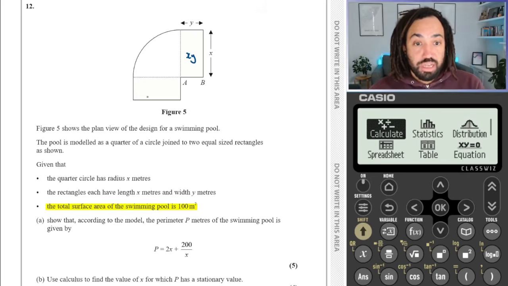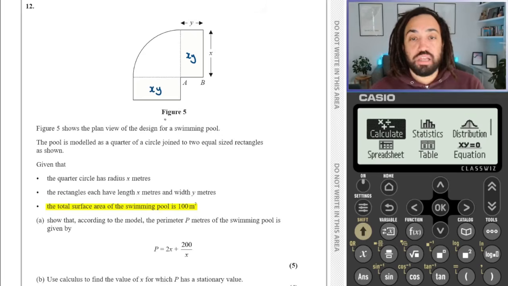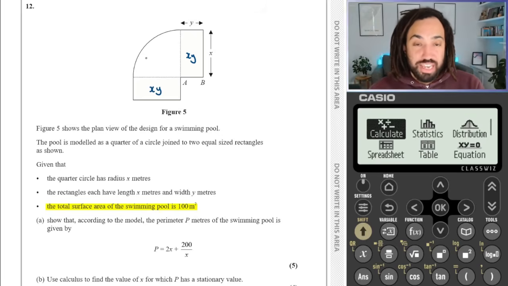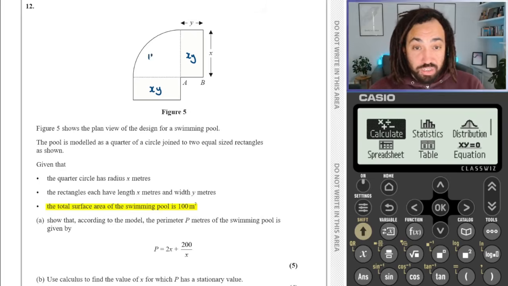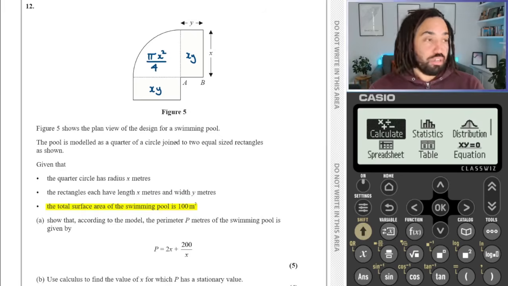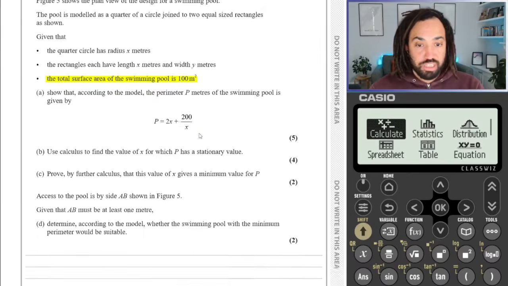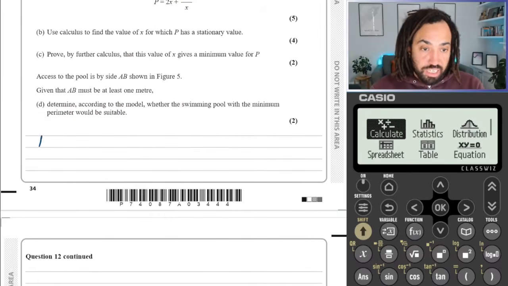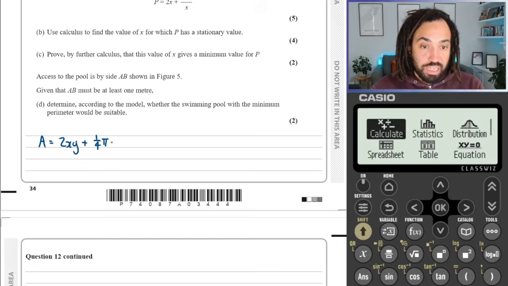And it says that the two rectangles both have length x and width y, so this is also xy, and the area of a circle is pi r squared, so it's pi, and the radius is x, but it's a quarter circle, so we're going to divide that by 4. Okay, so that gives us the surface area. So we're going to say area is equal to, there were two xy's and there was a quarter pi x squared, and we're told that's equal to 100.